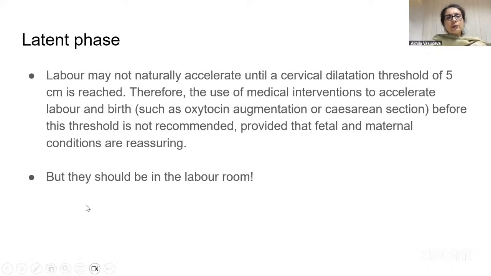So experience also matters here, and you know that a prolonged latent phase beyond a particular point is to some extent associated with some kind of fetal compromise, maybe some meconium. If not meconium, the mother would exhaust. And if not mother, husband would exhaust. So there are so many other issues. You cannot keep the patient in labor room beyond 24 hours in latent phase.